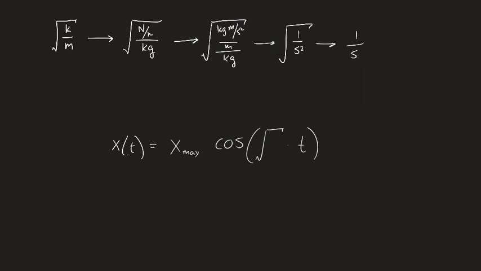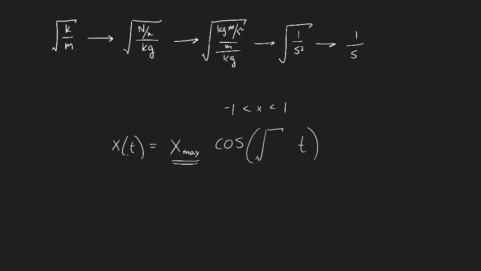Cosine returns a number with no units. And the number it returns has to be between 1 and -1, right? That's all it can do. That's why there's an x max out front. Your cosine tells you what percentage of the maximum displacement your object is at any one time.